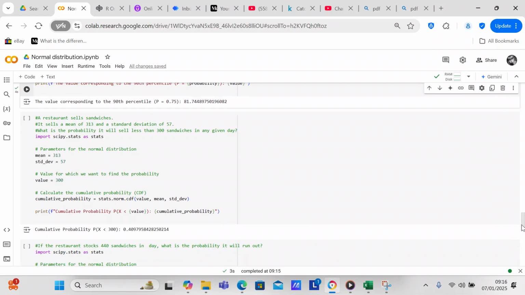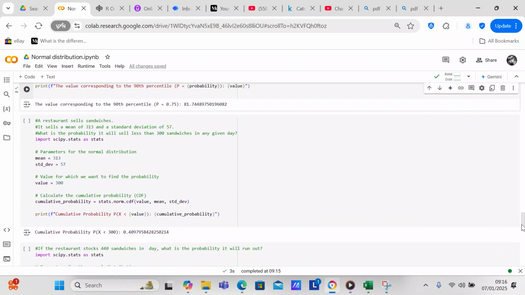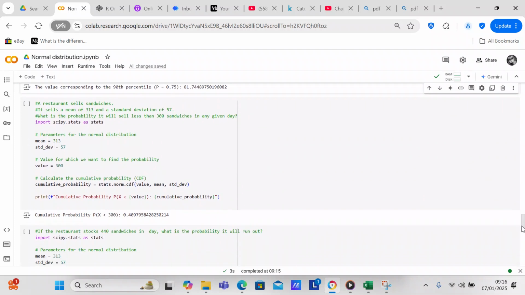Here is an example of selling sandwiches, just to give you a real world example. A restaurant sells sandwiches. It has a mean of 313 and a standard deviation of 57. What is the probability it will sell less than 300 sandwiches in any given day? Remember that it's going to be up to or equal to 300.